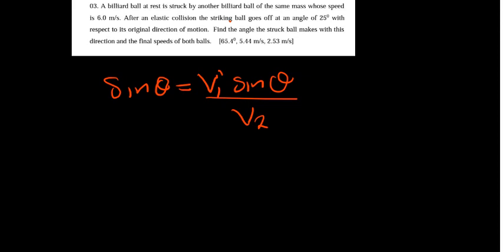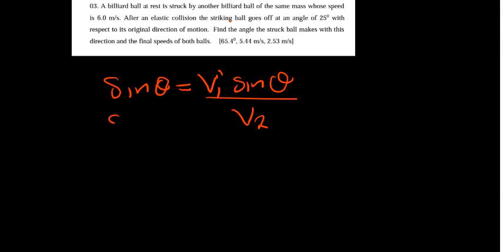I hope you remember this equation, guys. This was our second equation, which we derived from momentum, the momentum we conserved in the y-axis. Therefore, we have this theta, it was 25. V2 we have and v1 we have. So here it's just a matter of replacing and finding theta.